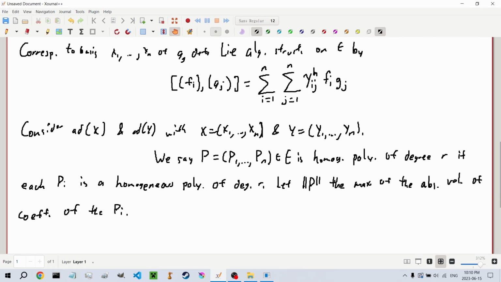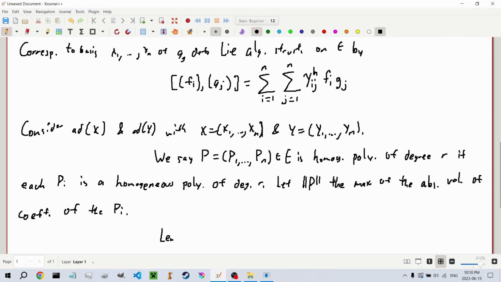This gives us a lemma. Suppose P in E is homogeneous of degree r.